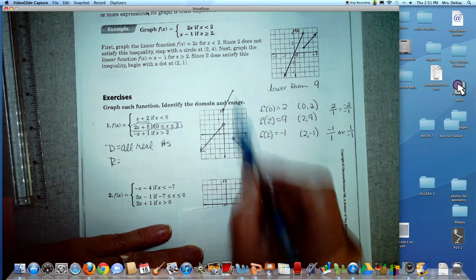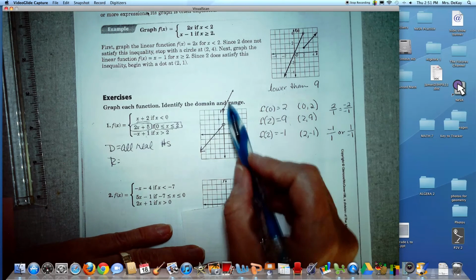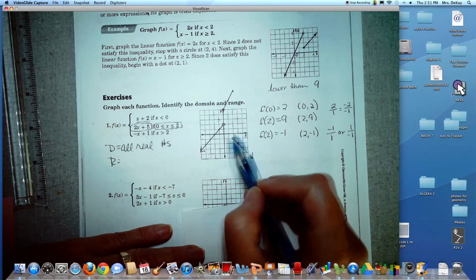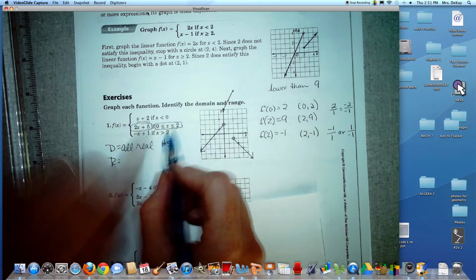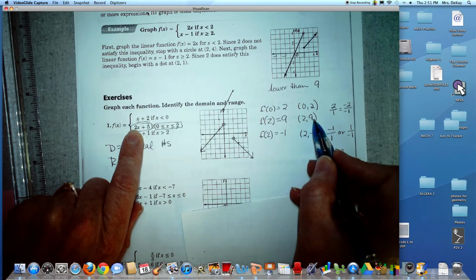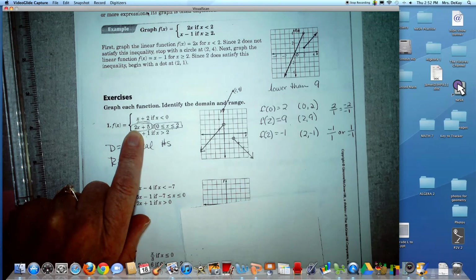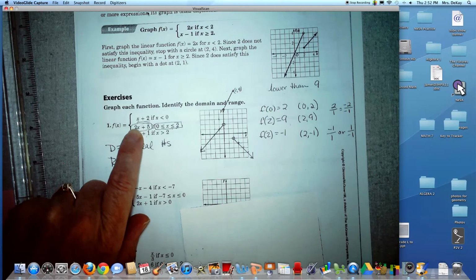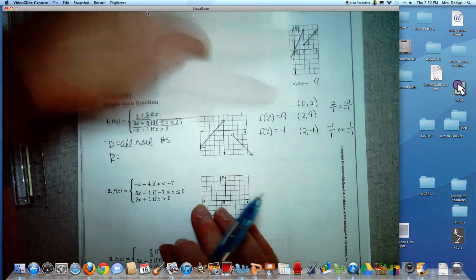So we got 2, 9 as a point. It should be 1, 7. 1, 7 is also a point, but 2, 9 is where this exists. At 2, this is 9. So this is the point 2, 9. So it's lower than 9. It doesn't go any higher than 9. It's below this line. It exists everywhere, doesn't it?